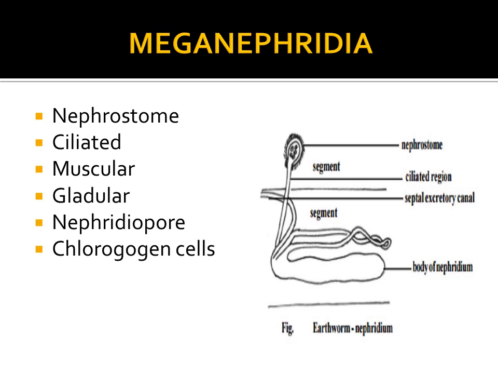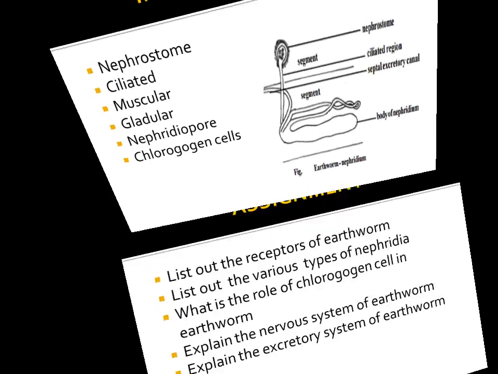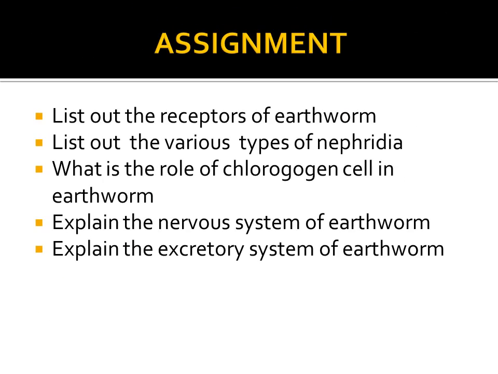Next systems we can see in the next class. Fine. And now let us go on to some assignments regarding today's portion. So the first question: list out the receptors of earthworm. We discussed the 6 receptors, and we can list out the 6 receptors and what is its sense and its location also.